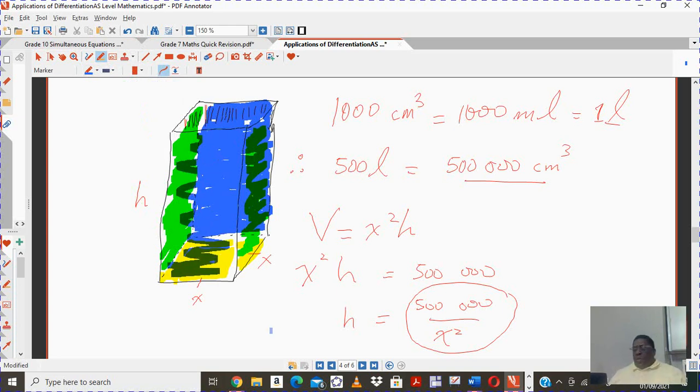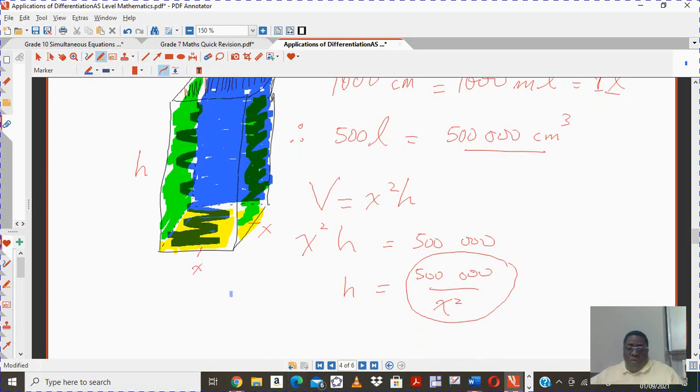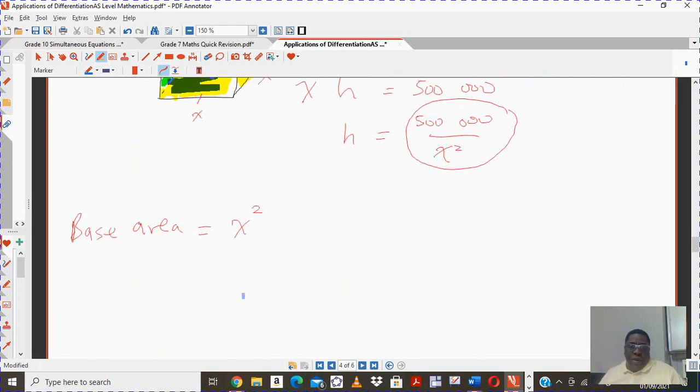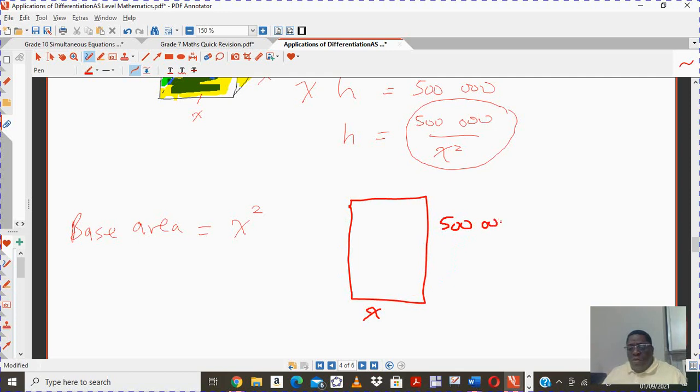So at the end of the day, we're going to have four of these rectangular faces. The area of them is x times the height, which is 500,000 upon x squared. So that's one face.